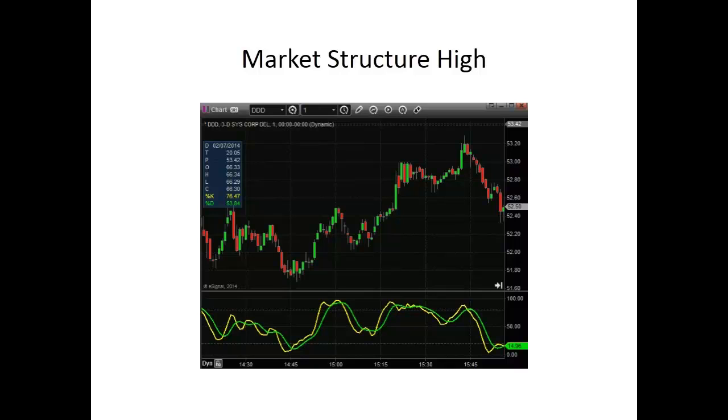But if you want to stick to the book completely, then you would actually go to the next candle, which now you see is a lower high off the highest high. But this is good enough if you want to keep it to a tight three candle series, which is what we're doing now.